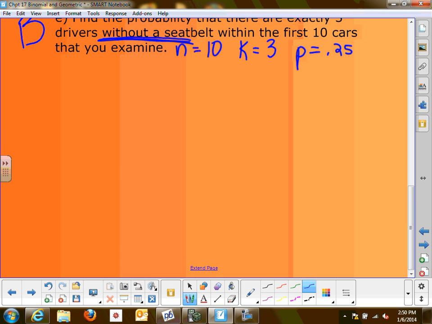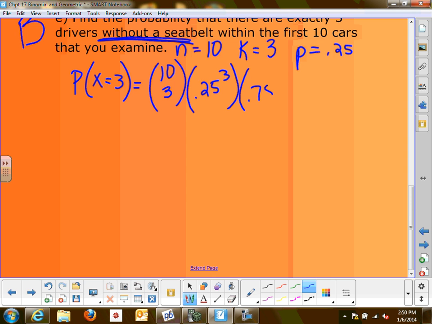So let's write out the formula. Here's the work. Probability that X equals exactly 3. The formula, N choose K, so that's going to be 10 choose 3. I want 3 successes. What's the probability of success? 0.25, and I want 3 of them to be 0.25. And I want 7 of them to be 0.75.